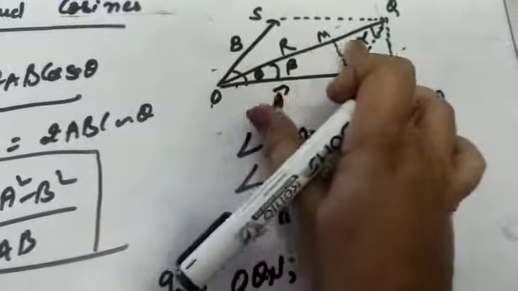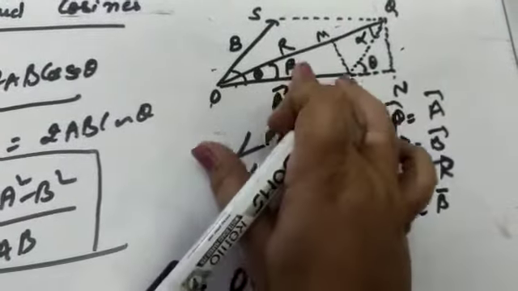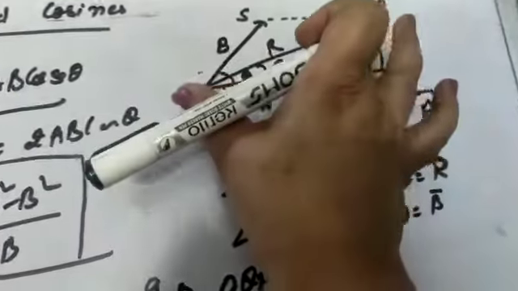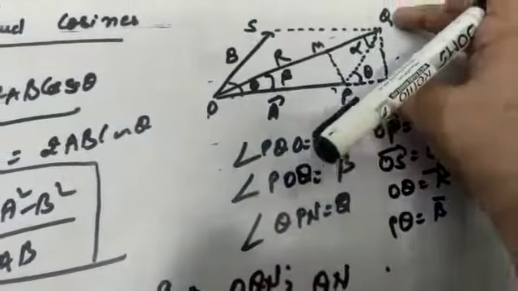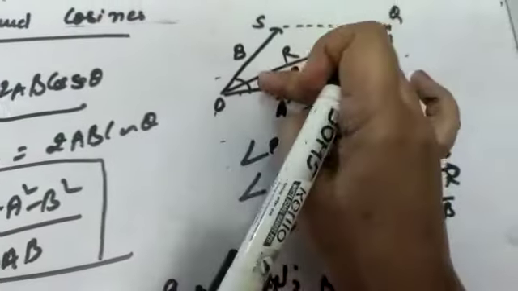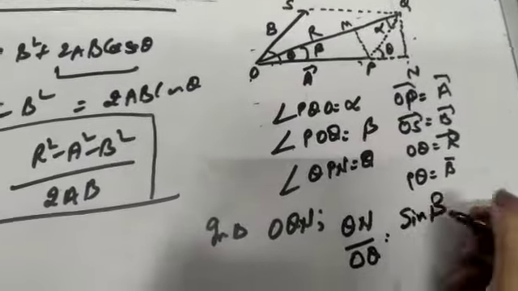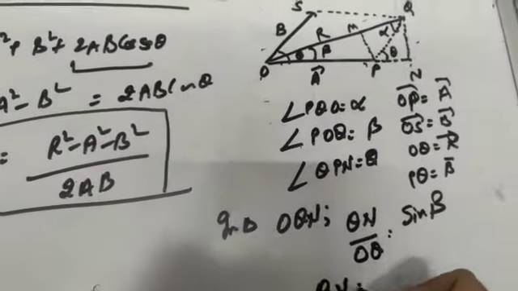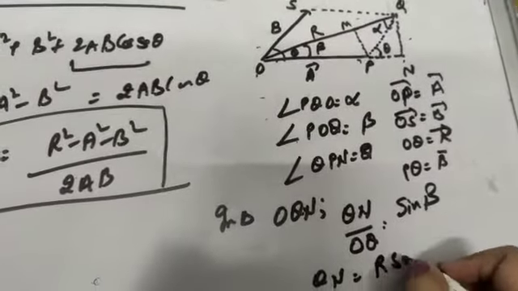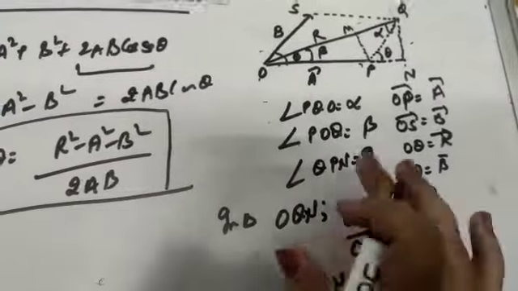But here we are taking this triangle only, so theta will be equal to beta. So QN upon OQ, which is perpendicular upon hypotenuse, is sine beta. So QN is equal to OQ, which is our R, times sine beta, right?